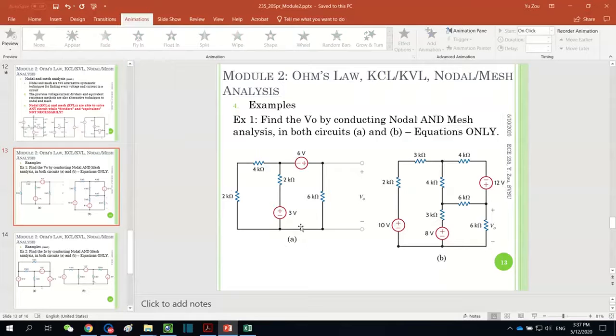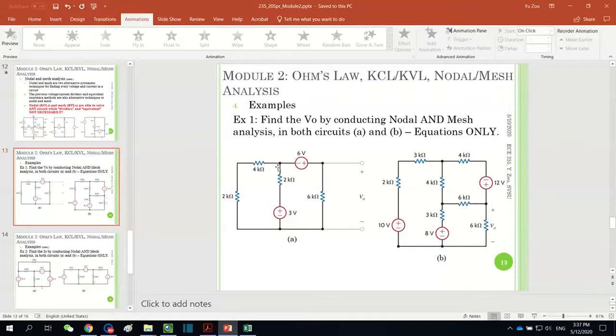Let's try nodal first. So we are basically seeing multiple nodes. And if you recall the previous slide, we don't want to select the corner nodes here and the corner nodes here. And also we don't want to select the bottom ground node whose voltage is 0.